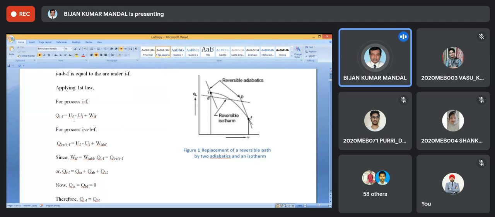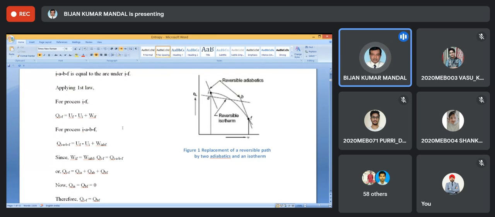Delta U is UF minus UI, and Q_IF is the total heat transfer during the process IF, and W_IF is the work done during the process IF.